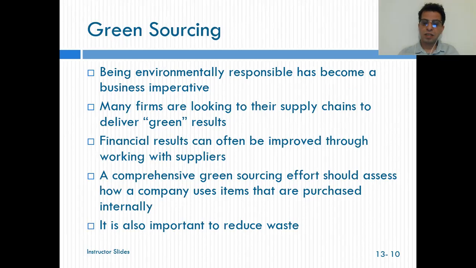A comprehensive green sourcing effort should assess how a company uses items that are purchased internally, and it's also important to reduce waste. Some companies are going through reduce, recycle, and reuse, and this is one of the green sourcing practices.